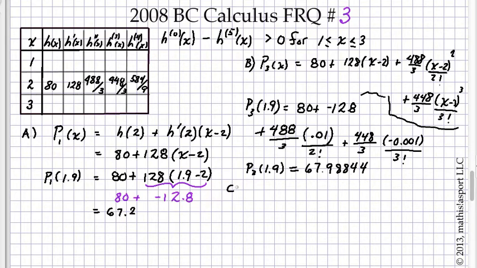So part C asks us to show that the error of H(1.9) is less than a certain value.